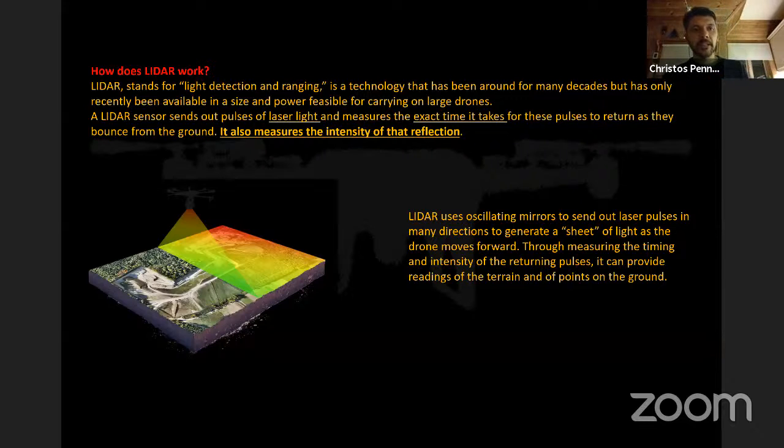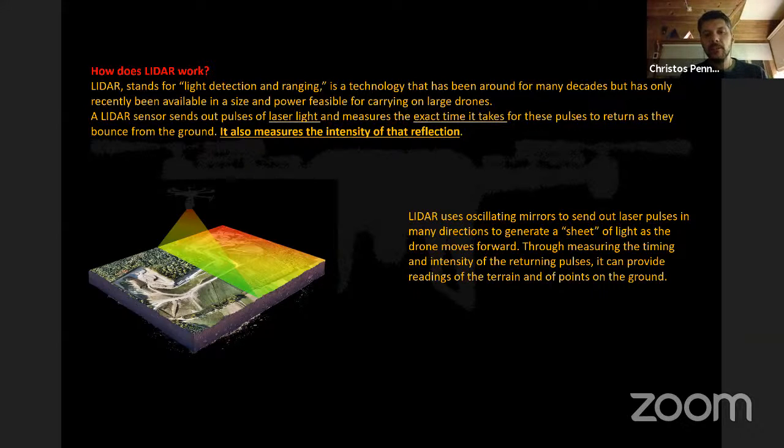A LiDAR sensor sends out pulses of laser light and measures the exact time it takes for these pulses to return as they bounce from the ground or from the target. But it also measures the intensity of the reflection, and this is the key thing here.